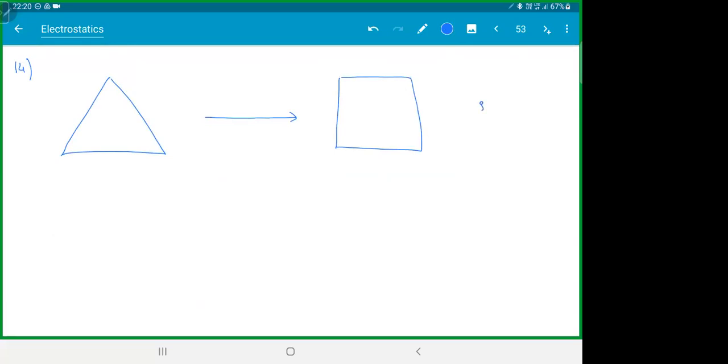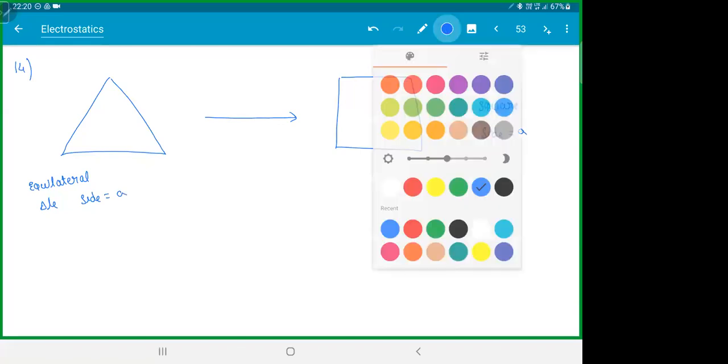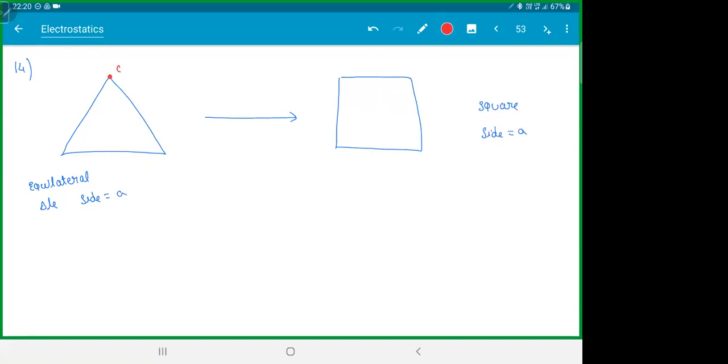Let's see the question. We have a square of side A. We have an equilateral triangle of side A, with four charges: Q, Q, Q, and Q at the centroid. Then someone took these four charges and kept them at the four points of a square.